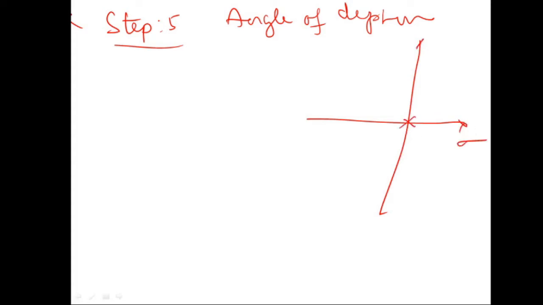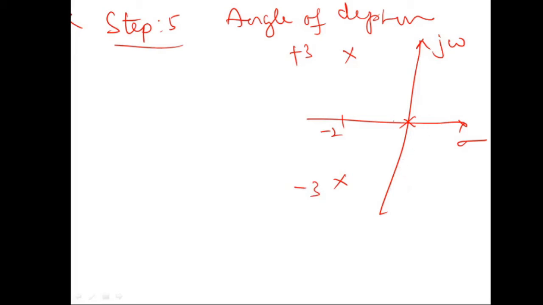So it is sigma and it is j omega. We have two complex conjugate poles. One is at minus 2 plus j3 and the other one is at minus 2 minus j3.